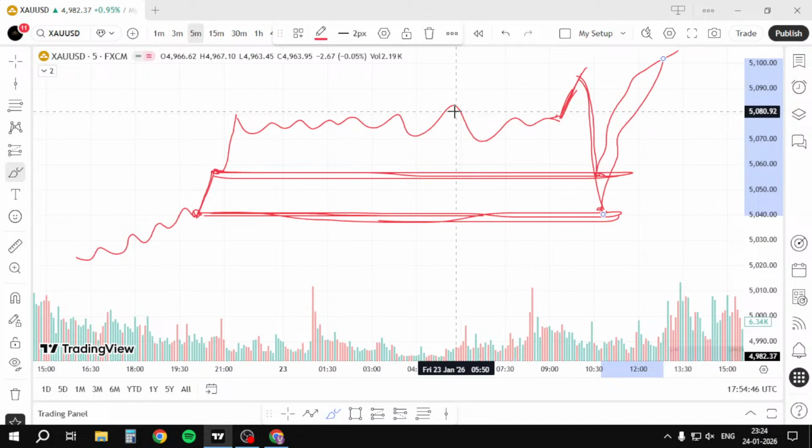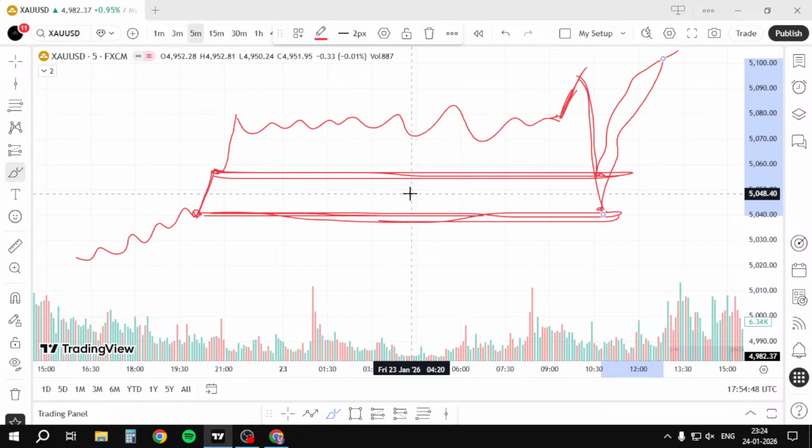This is the thing. And what is called POI? Any institution's entry zone is your POI, from where the impulse started. Impulse in the sense of any imbalance, fair value gap, any volume imbalance, any types of gap, any types of order block, any types of liquidity void.